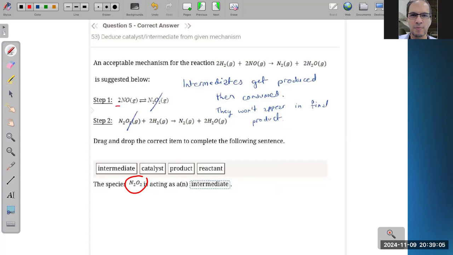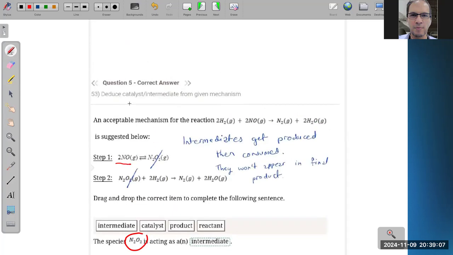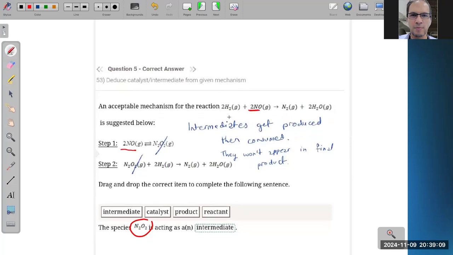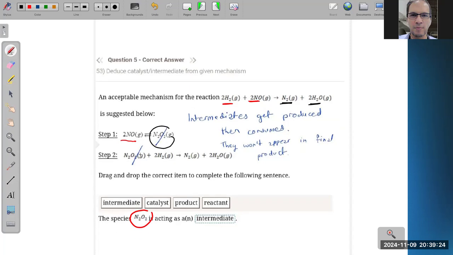This is the reactant, I was having NO, and H2 is a reactant. N2 is a product, is it present at the start? No. H2O is a product, present at the start? No. So what is the intermediate? Something that appeared and then disappeared. Is it in the reactants? No. Is it in the products? No.